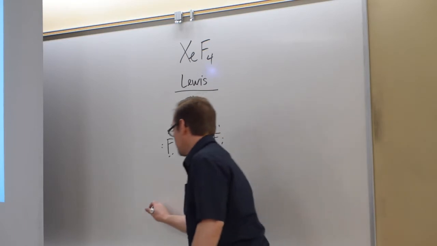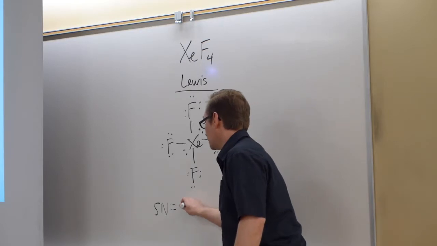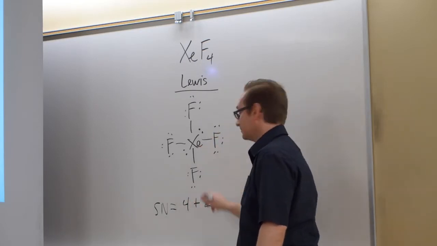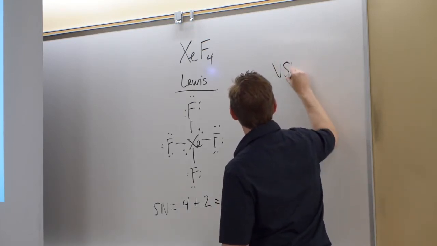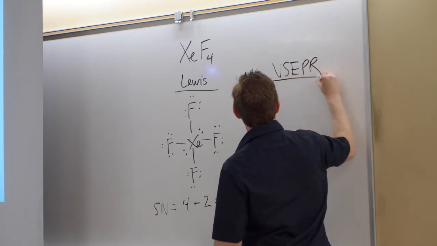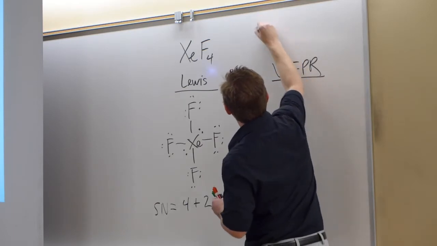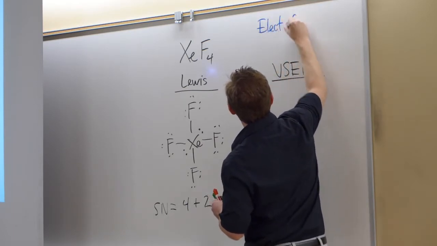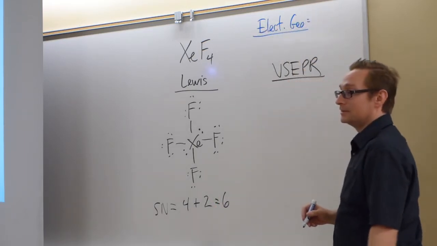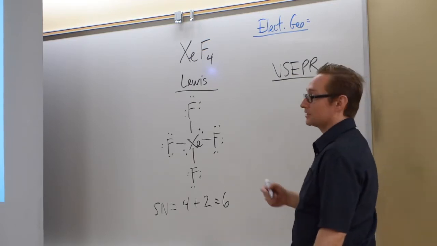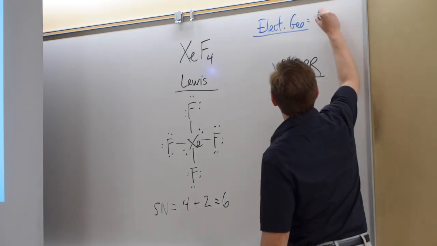What's the steric number? It's 6, right, it's 4 bonded atoms plus 2 lone pairs on the xenon equals 6. So the electron geometry is a octahedron, or octahedral.